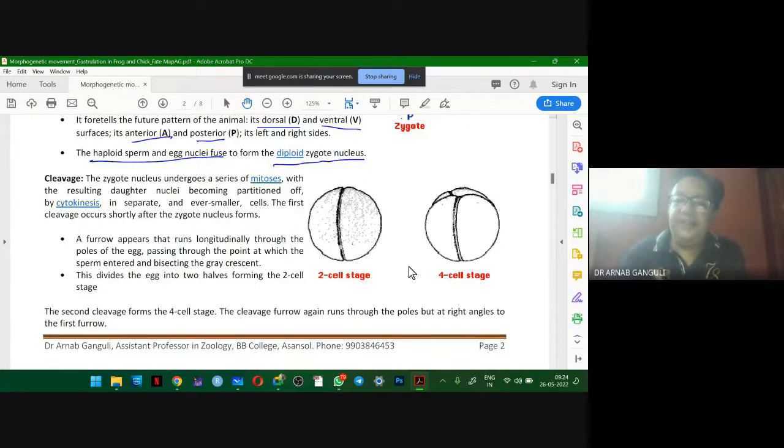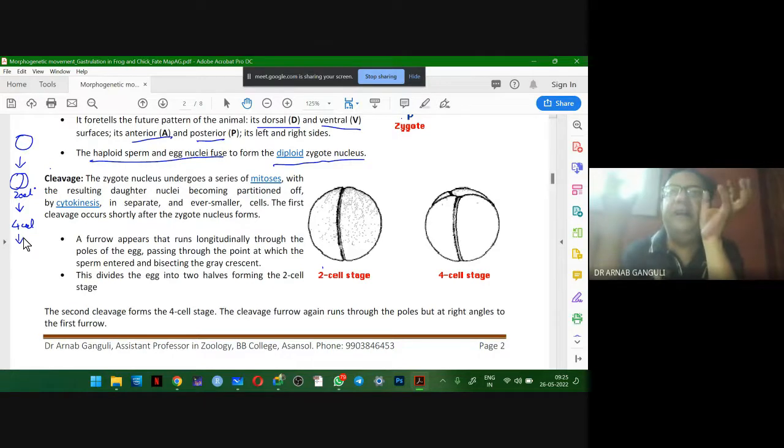Next, you have the cleavage taking place. So the zygote is actually a single cell. From there, essentially it will become a two cell stage. 2 will become 4. 4 will become 16.